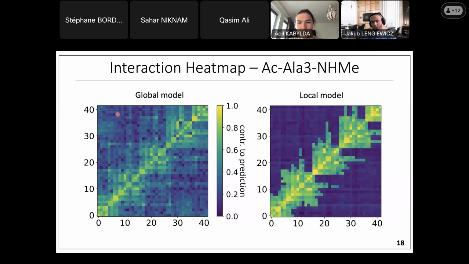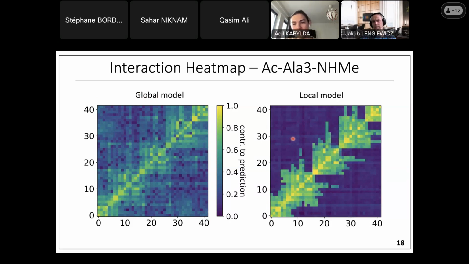And if you compare this global model to the local model with the imposed cutoff of 5 angstrom, you can see that almost everything beyond the diagonal elements is excluded completely. So the contributions are 0.